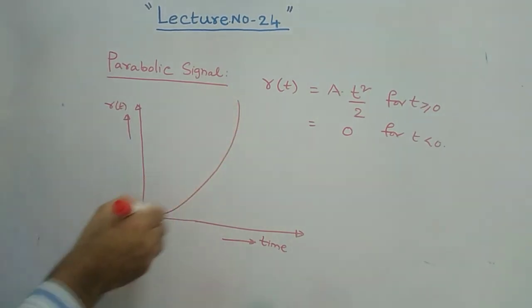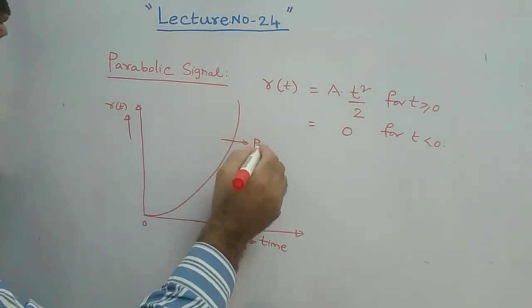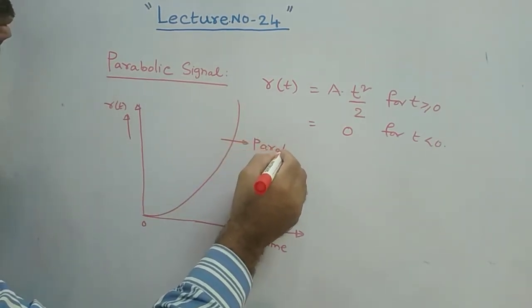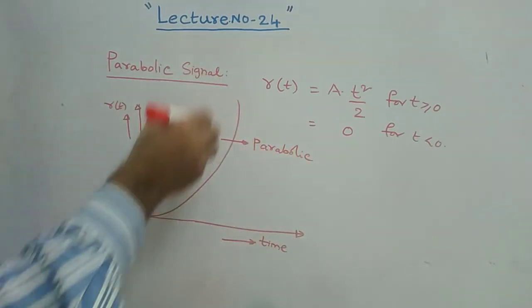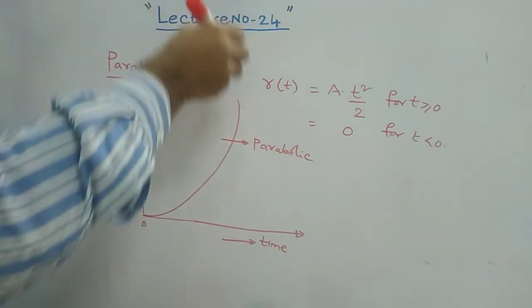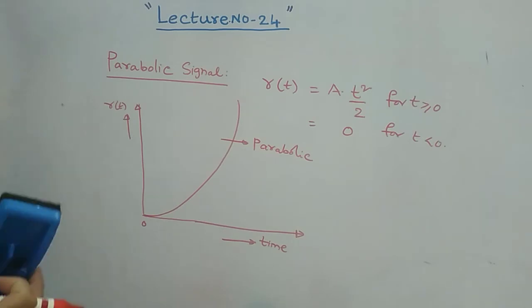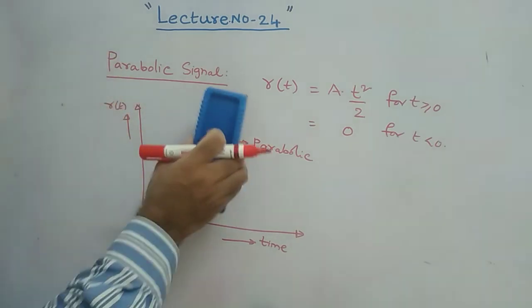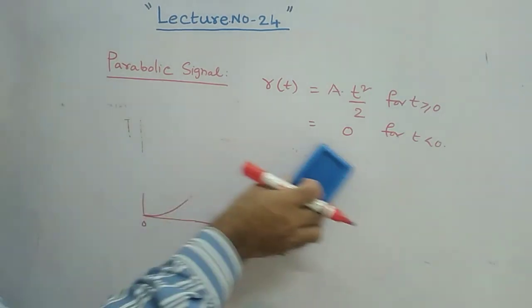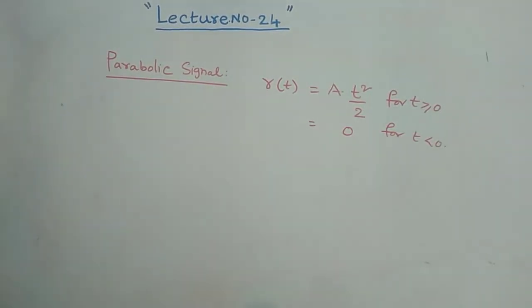This is your parabolic nature basically. The signal goes on like this. Then this is what a parabolic signal is. And the special case of the parabolic signal is the unit parabolic.